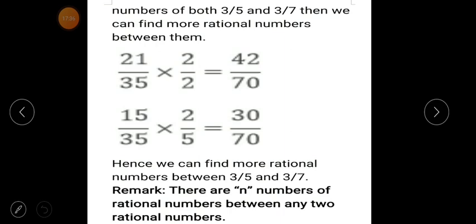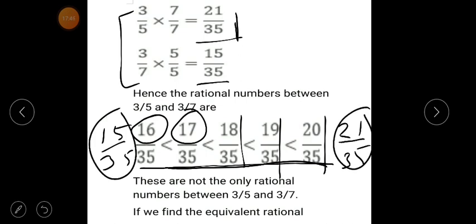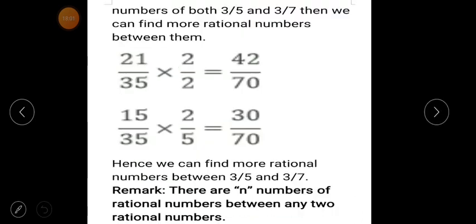If we want to find more than 5 rational numbers between them, what do we have to do? We have to find the equivalent fractions of both the numbers. We can multiply by 2 by 2, or 3 by 3 or 4 by 4 or anything. Just find the equivalent fractions of both and we get more rational numbers between them.